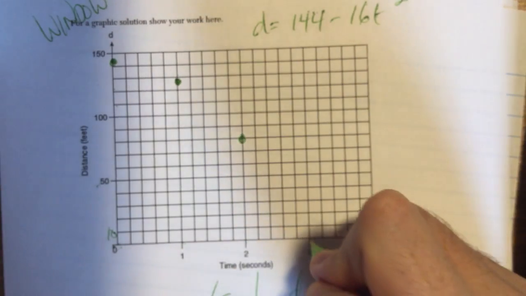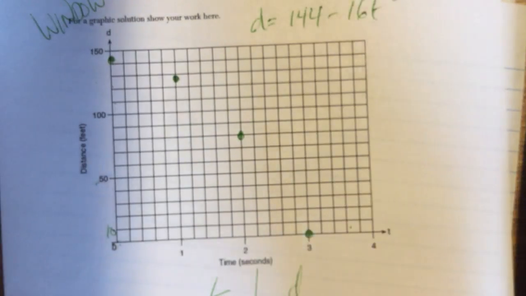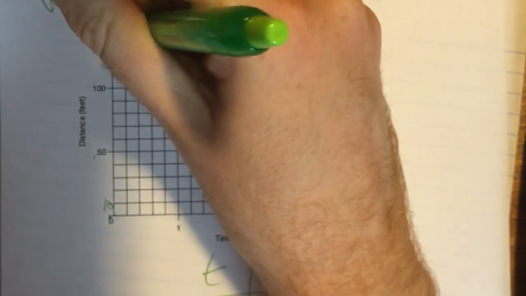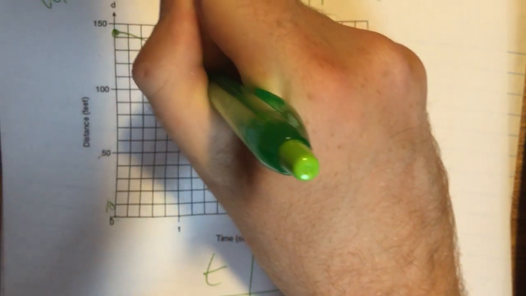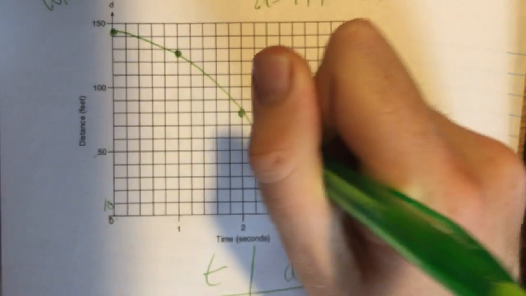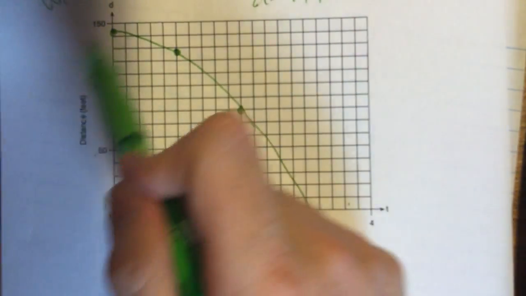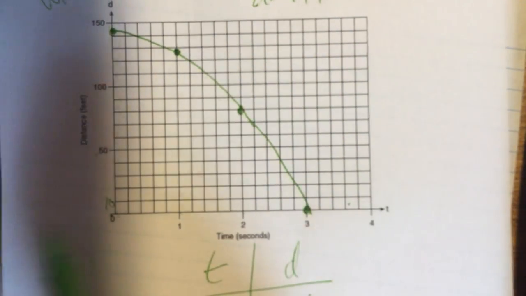And then at 3 seconds, it should be at the x-intercept, or the x-axis. And we're not going to connect this with a straight line because this is a parabola. You're not going to see the full parabola, though. You're seeing half of it, essentially. The other half would be over here, which we're not going to see because we didn't look at the time being negative.